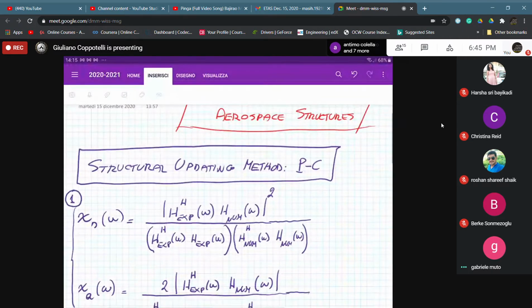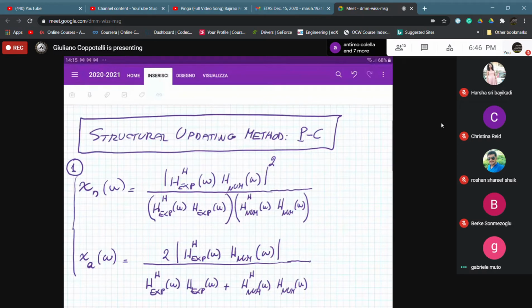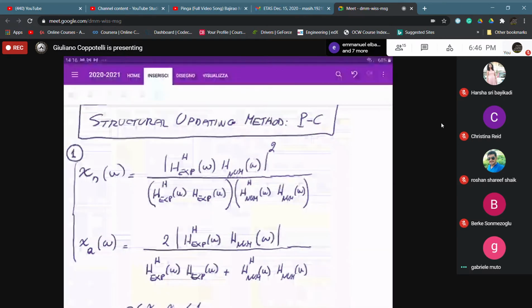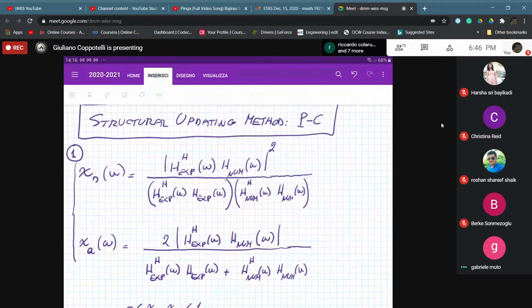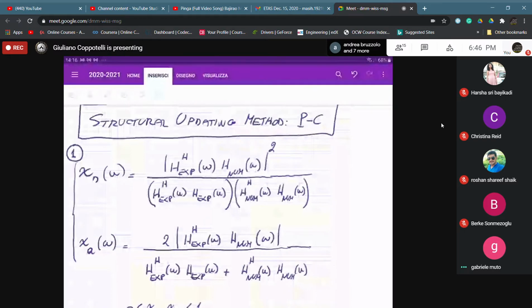Just to remind you what we did yesterday, we introduced two correlation functions, namely chi-s and chi-a, that are correlating the frequency response function. So instead of using, for example, the MAC value, that is the modal assurance criterion, or the MSF, or other tools that are relating the numerical and experimental modal properties, in this method, what we are doing is just correlating the response through the frequency response function.